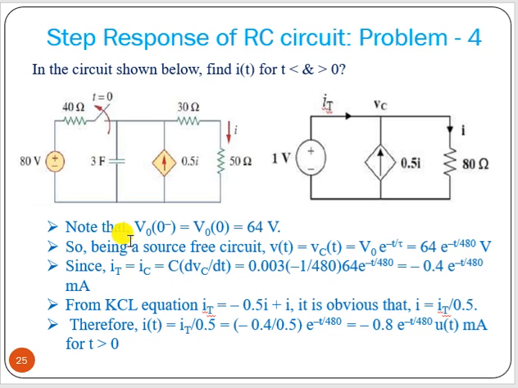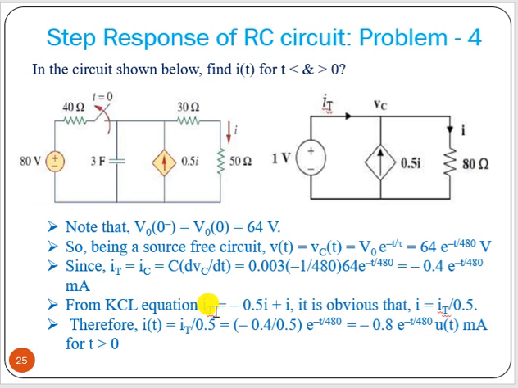So what we can write, V0 is 64 volt, source free circuit, you can write V0 e to the power minus t by tau, that is the capacitor voltage equation. Now IT equal to IC, that is C dV/dt. So we can find out the value.